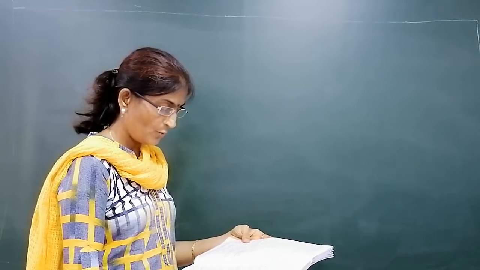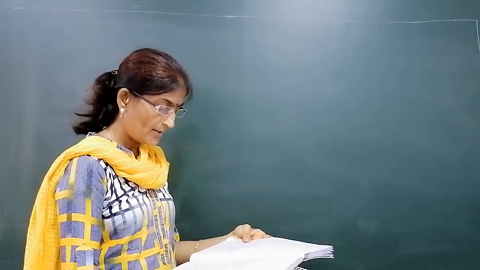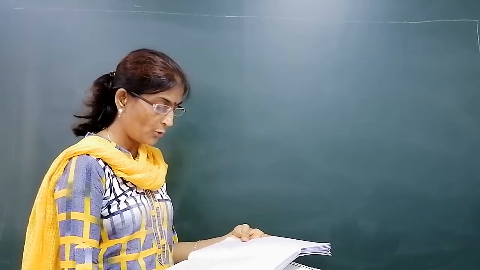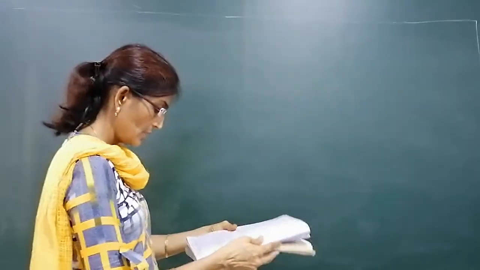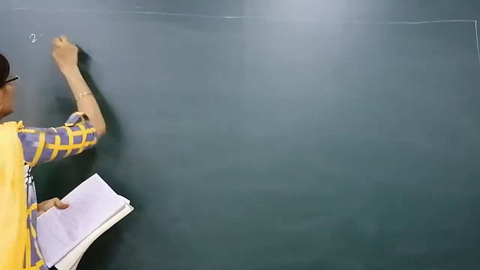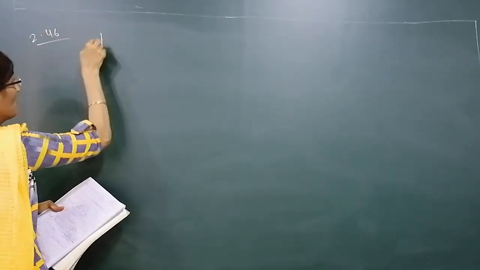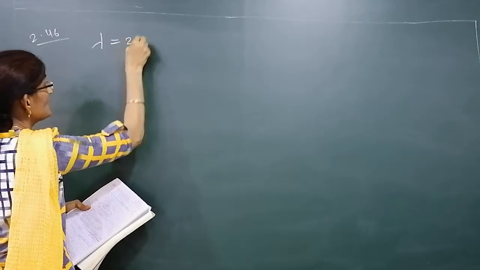Yes, total number of photons having wavelength 337.1 nanometer. Write it down in your textbook. It's 2.46. Lambda of radiation is given, 337. It's missing in the textbook.